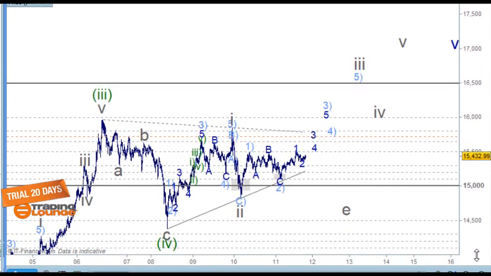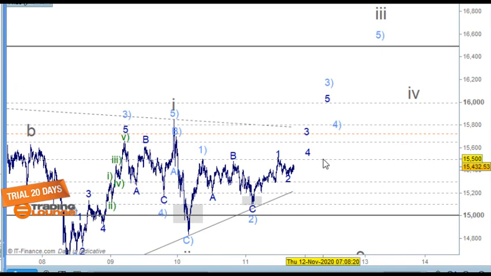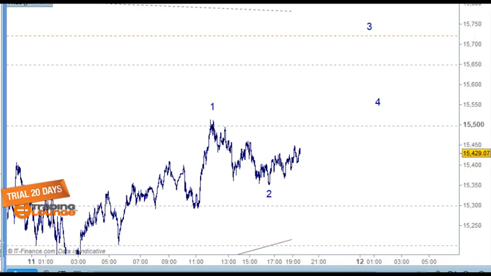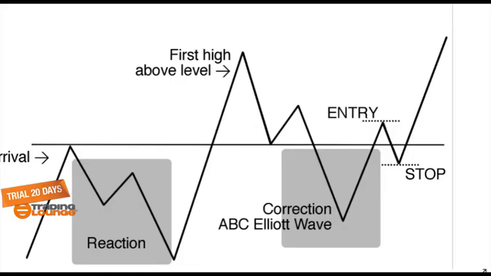Anyway, if we get support on the 15,500, a nicely tested support, because that's really been the resistance area here with the supply. So gleaning a support on that 500 there with the classic trading levels pattern, the arrival, the reaction, the first high above the level, ABC pattern, the drill, this pattern here.